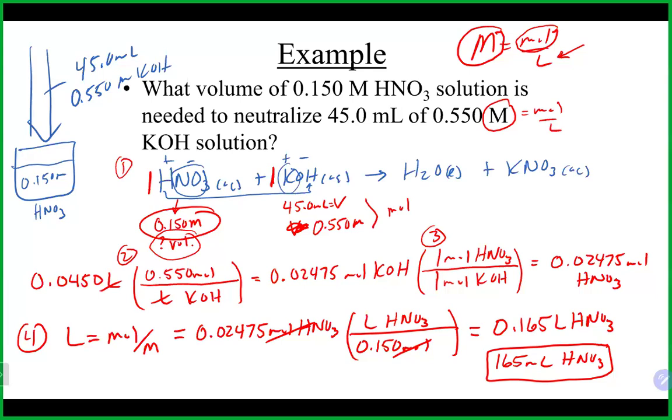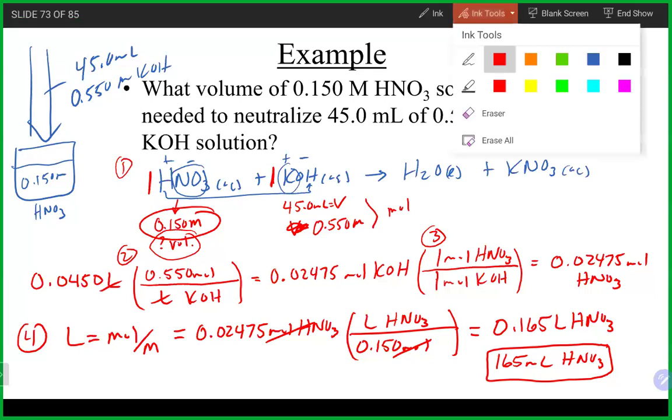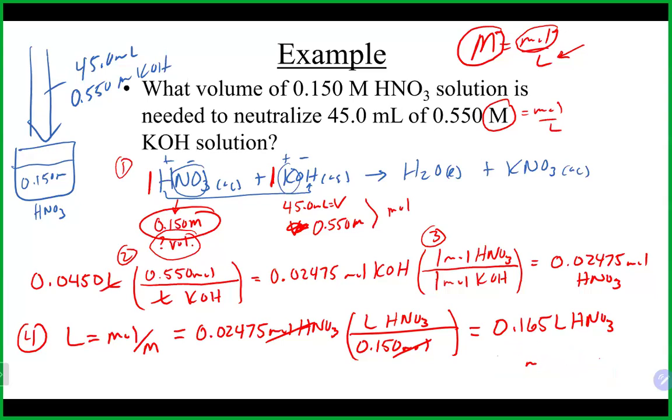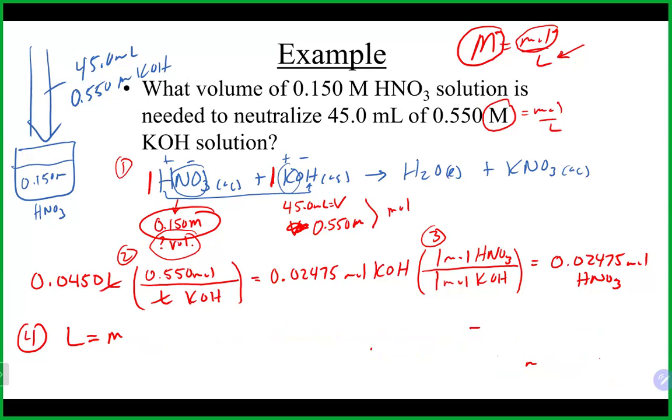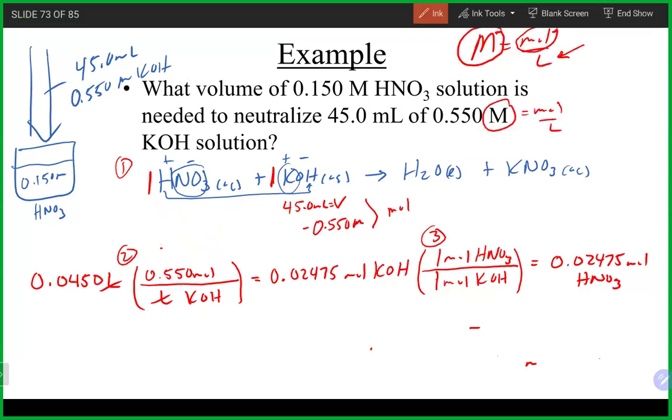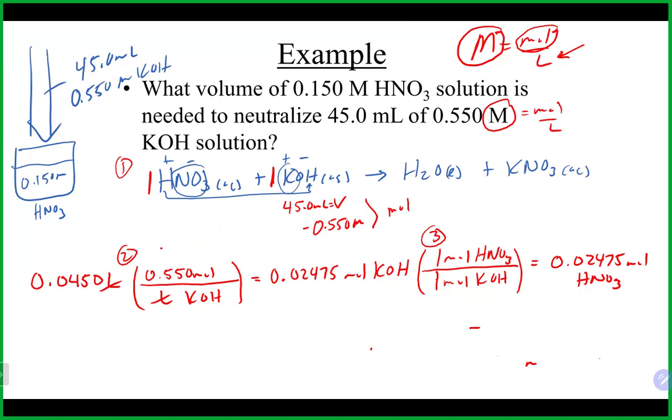Now, let's say to finish up, one little variety of question. We'll use this here since we have it. Let's say we had a slightly different question where we're not looking for necessarily the liters at the end, but let's just say, for example, here, we were told that we did this titration and it took 45 milliliters of 0.55 molar KOH to reach the equivalence point, right?